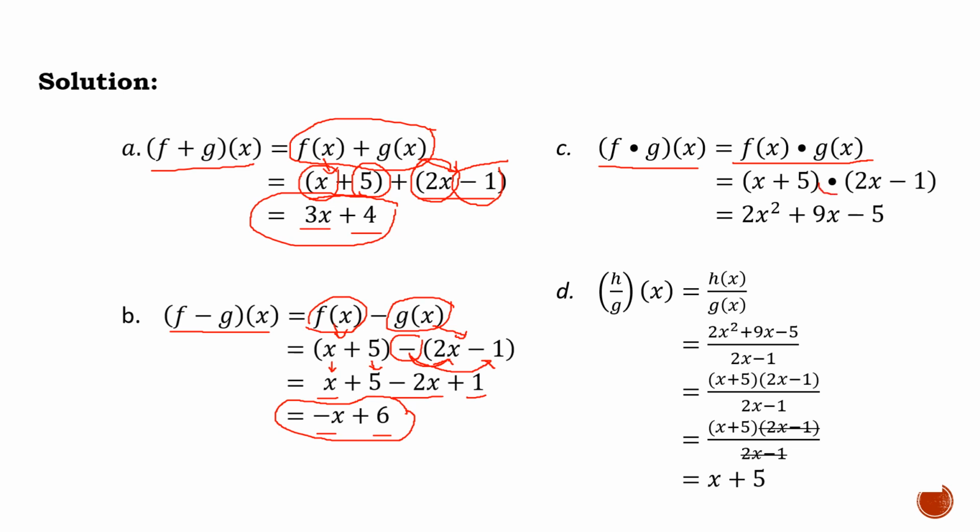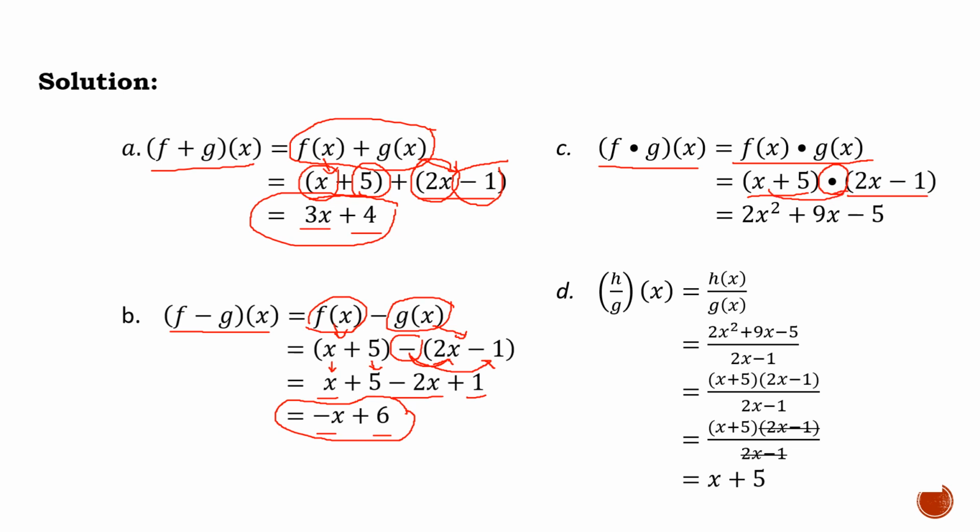The only difference from your A and B is the operation between your f of x and g of x. In this case we apply your multiplication. So x plus 5 now multiplied by 2x minus 1. So we're going to multiply this one.